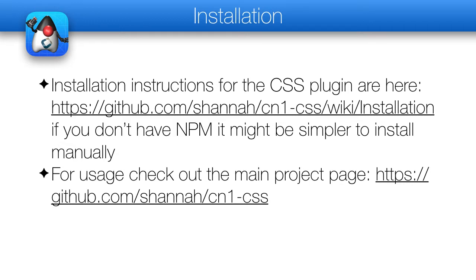The usage is also explained on that website at the GitHub project. But I'll give you a couple of examples so you will have good context to begin with CSS.